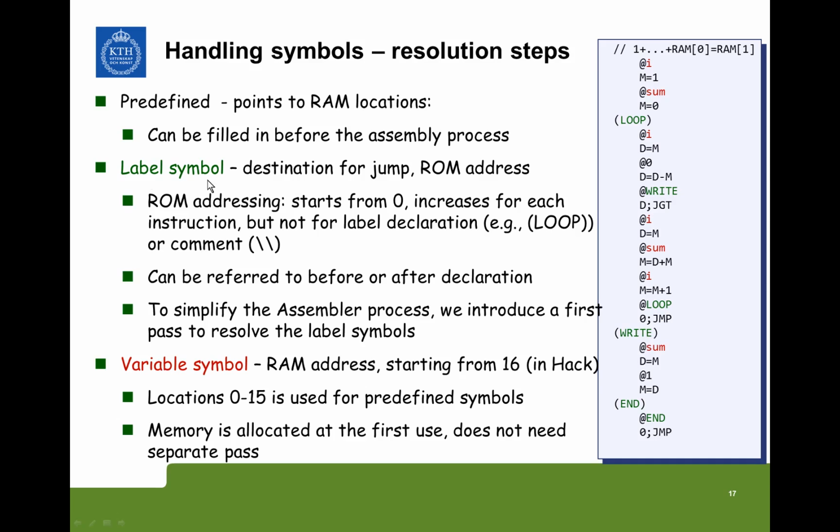Now, label symbols can be referred to before or after declaration, right? So here we declare loop, for example, and here we refer to it. But for write, it is the opposite. We refer to write here, but we declare it here.